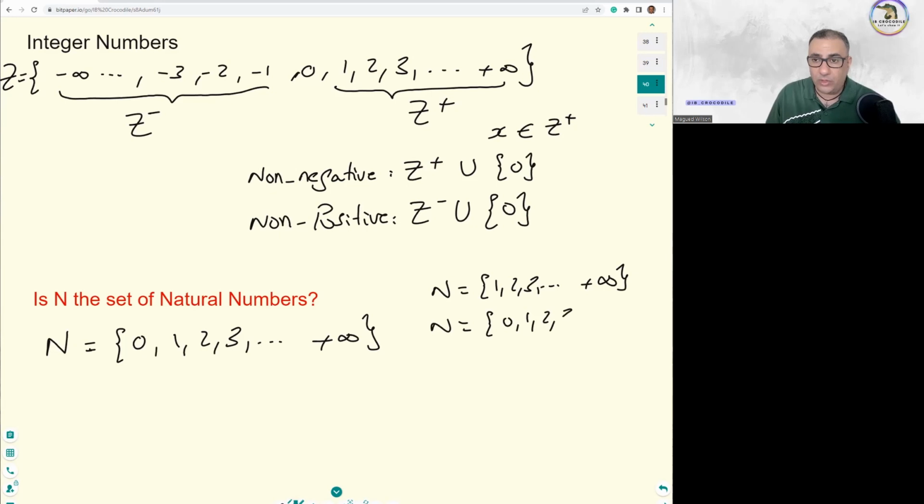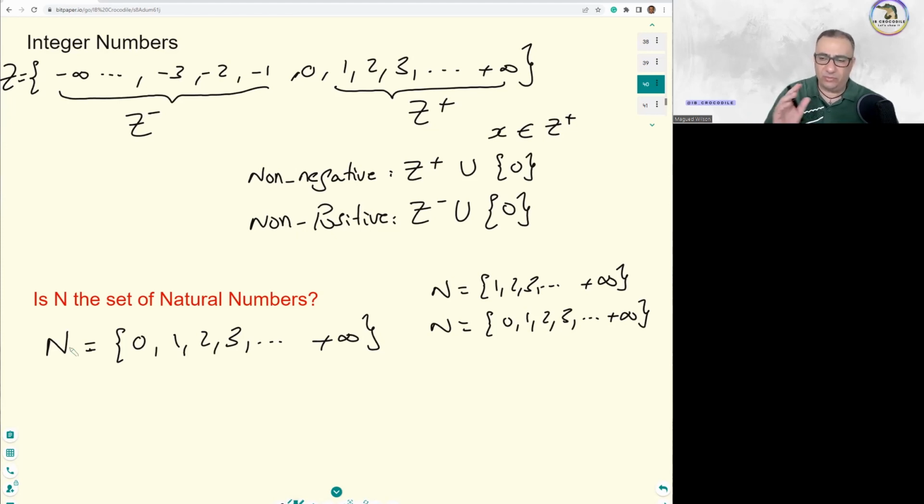Whether you agree with this or that doesn't matter here, because we don't even call it natural numbers. They give it the symbol N, and I think it's a bit confusing to use N, honestly.